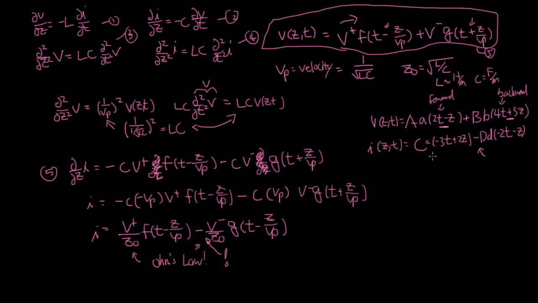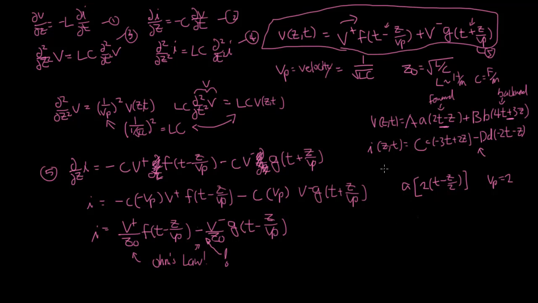To find that, you would rewrite it so that it fits the form of t minus z over Vp. To do that, you would factor out the 2, and that would give you t minus z over 2. So that tells you that the velocity of the forward wave is going to be 2.